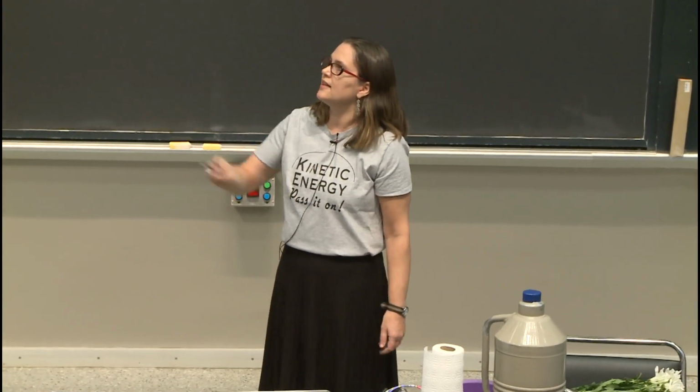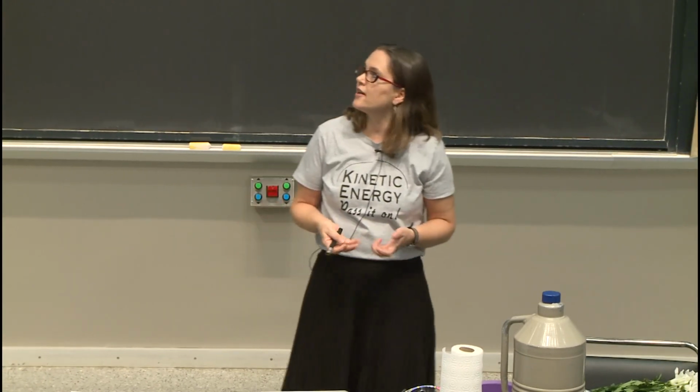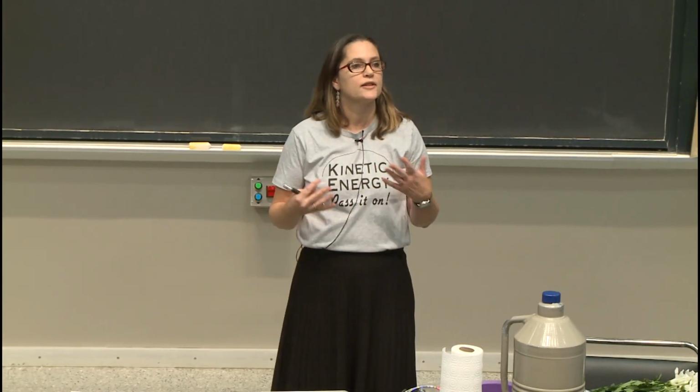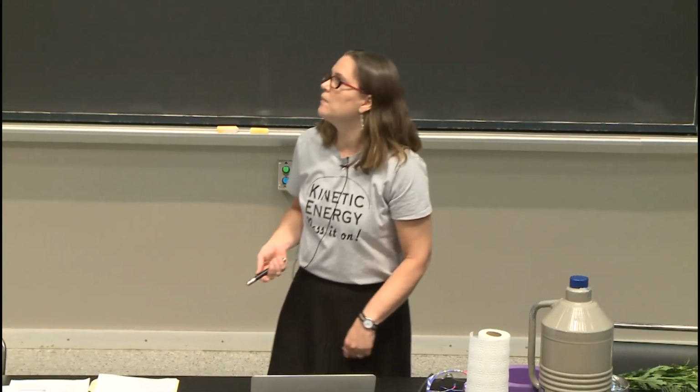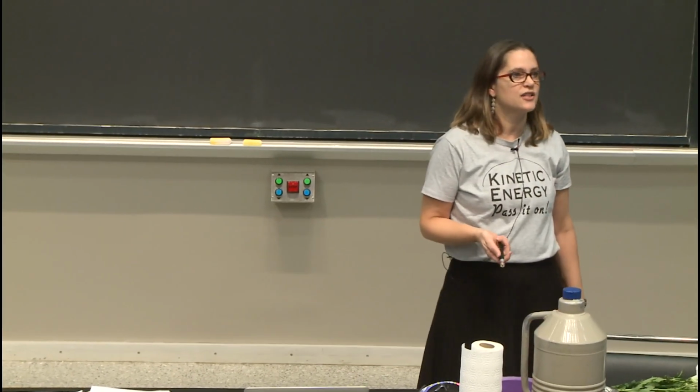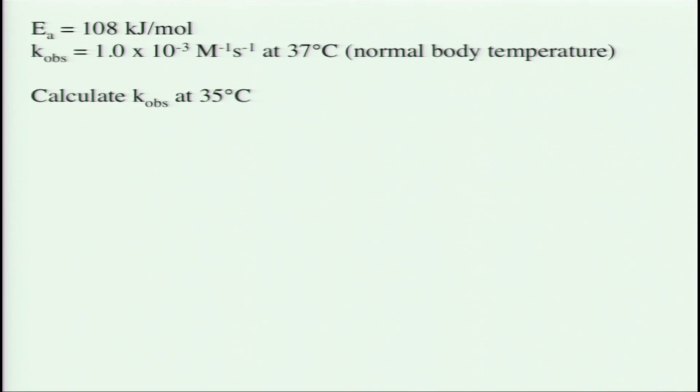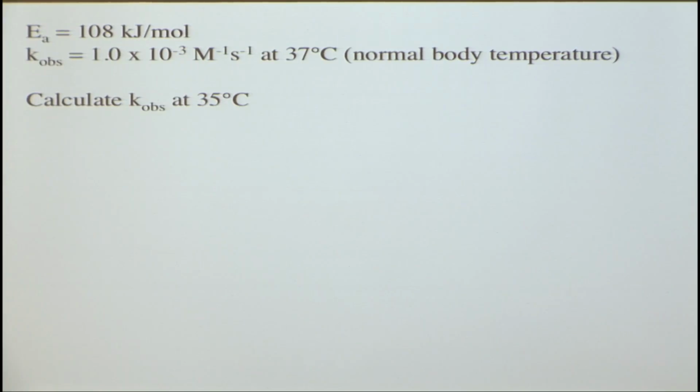Using the activation energy, we can predict what the rate constant is going to be at a different temperature. Some kind person measured the activation energy for this digestive process at 108 kilojoules per mole, and also figured out that the observed rate constant for this reaction is 1.0 times 10 to the minus 3 per molar per second at normal body temperature.